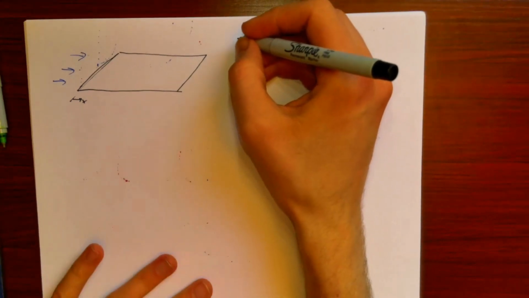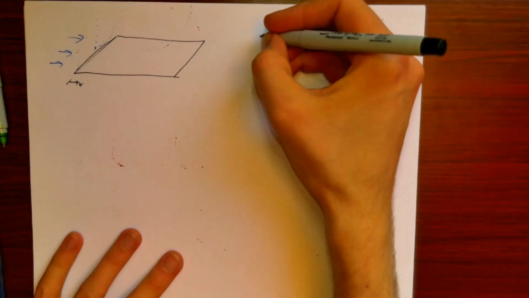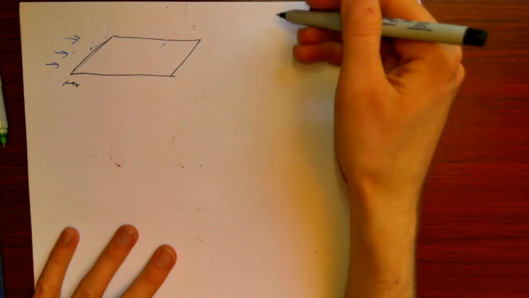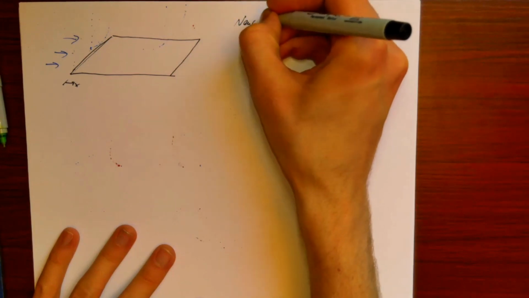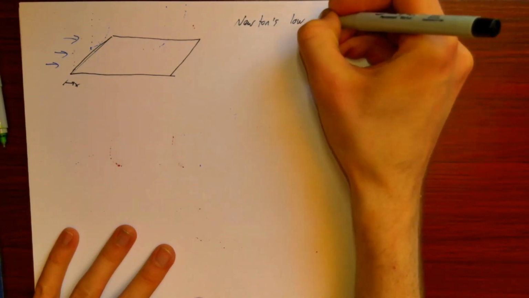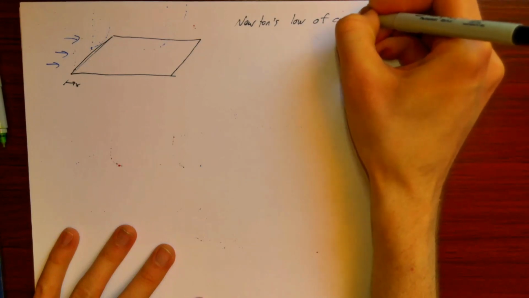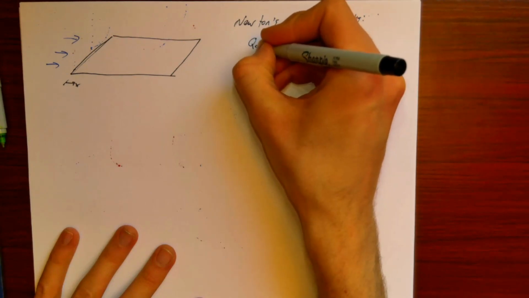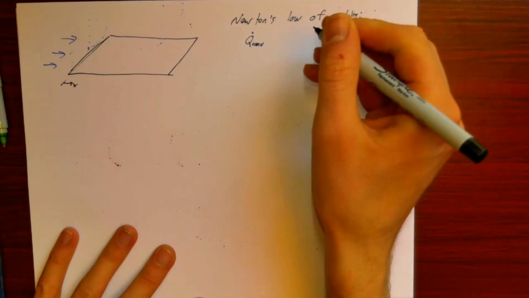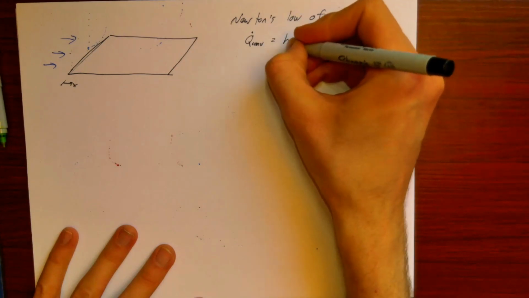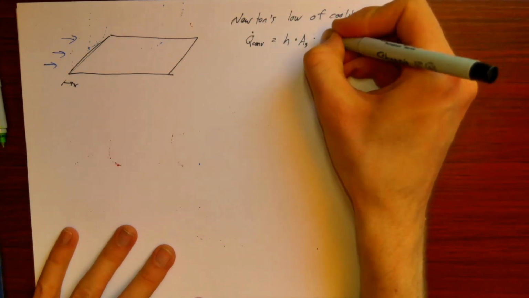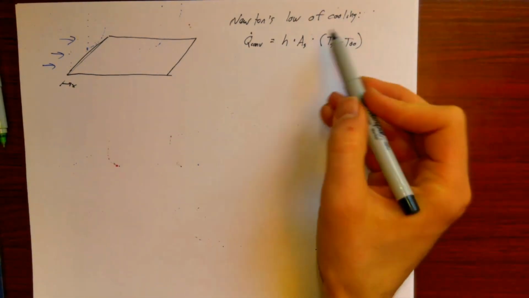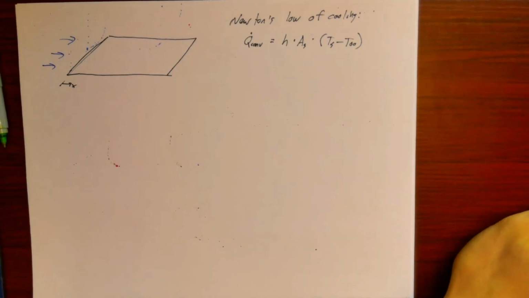In lectures prior to today's, we said heat transfer between the plate and the fluid can be described with Newton's law of cooling, which basically stated that the heat flow due to convection is proportional to h times the surface area times Ts minus T infinity. And this has worked great up until this point.